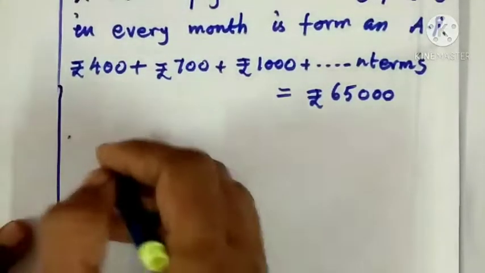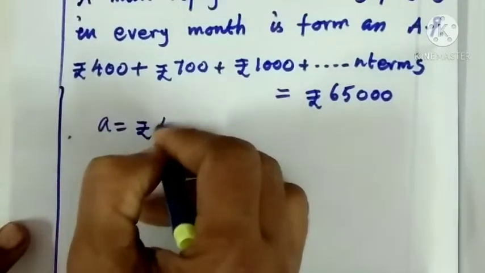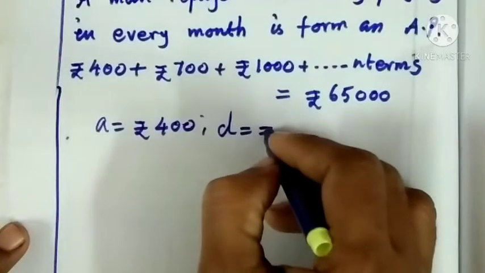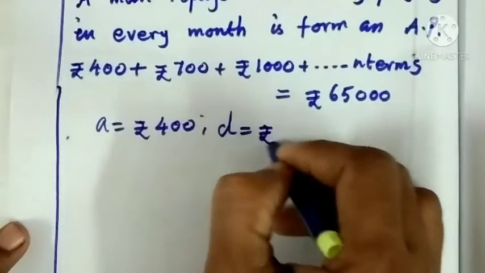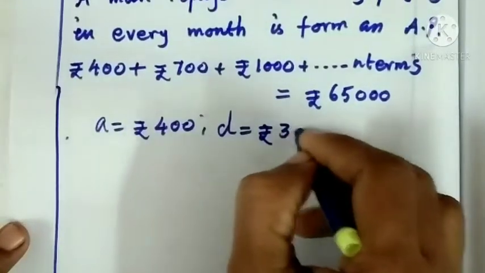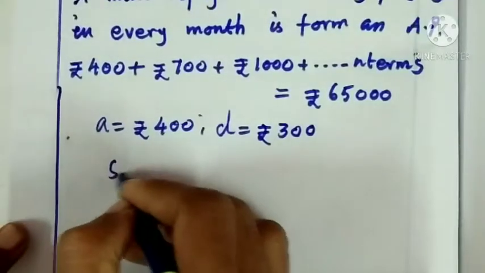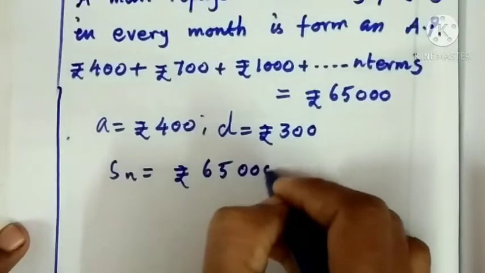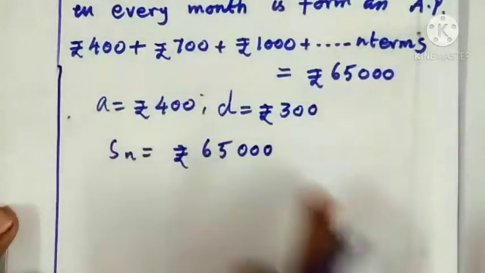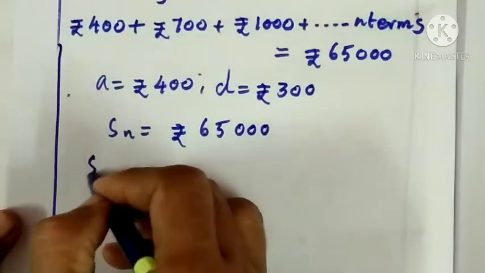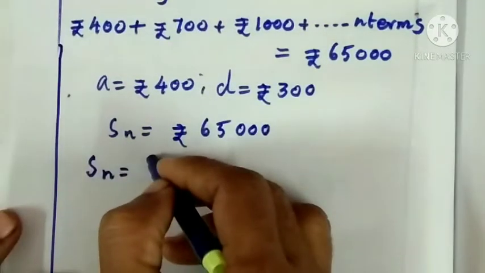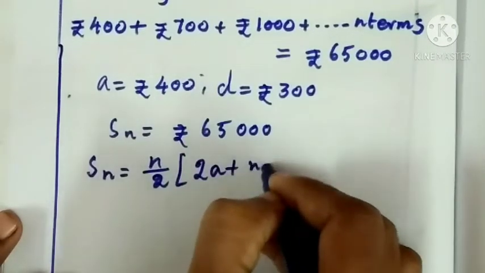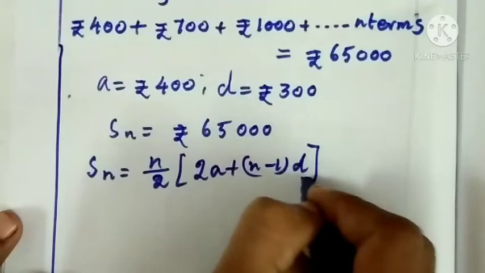So here a is equal to rupees 400, then d is equal to T2 minus T1, that is 700 minus 400, rupees 300, and Sn is equal to rupees 65,000. Here we know first term and common difference. So you have to apply the formula Sn is equal to n by 2 into 2a plus n minus 1 into d.